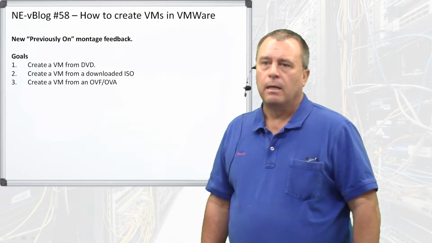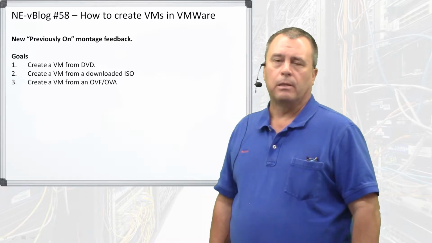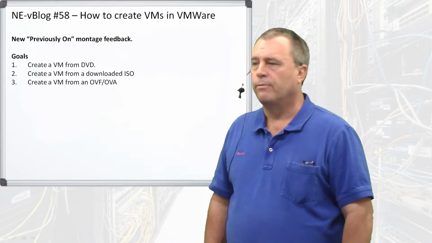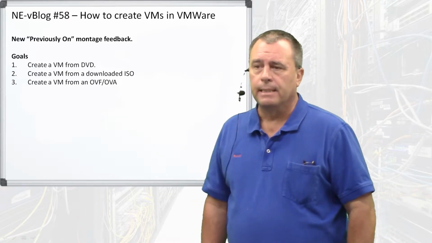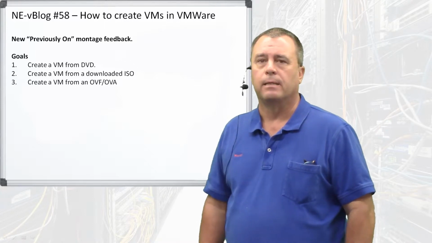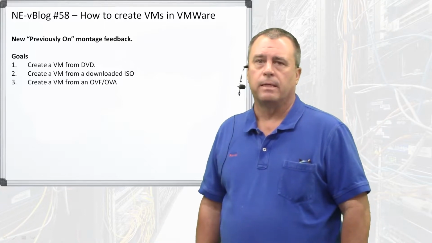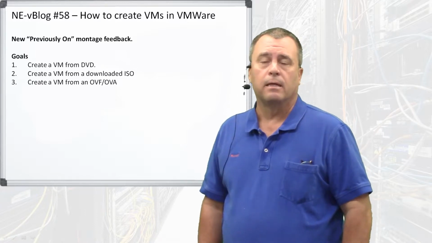And we're going to take a pretty good look at the OVF file itself. Hopefully it's not too long, but I thought it was kind of interesting, so I dug into it a little bit, and we'll spend a good 10-15 minutes looking at the OVF file itself.